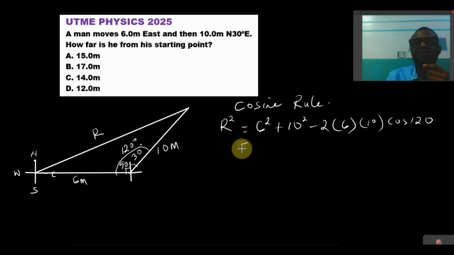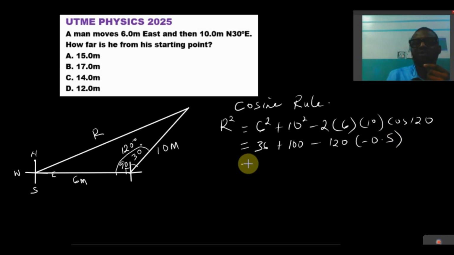Now 6 squared is 36 plus 10 squared is 100 minus 2 into 6 is 12, 12 into 10 is 120, then cos 120 is minus 0.5.